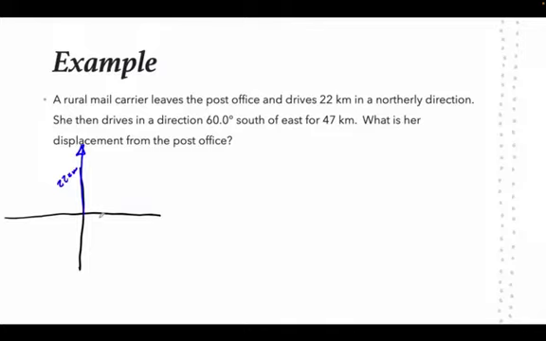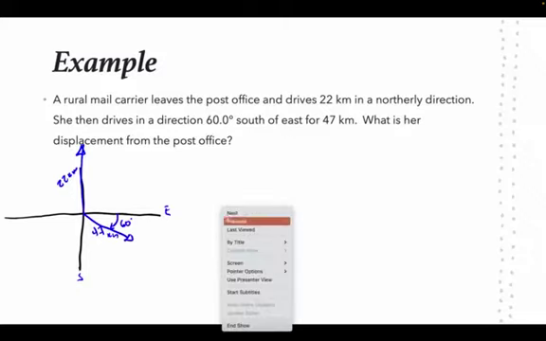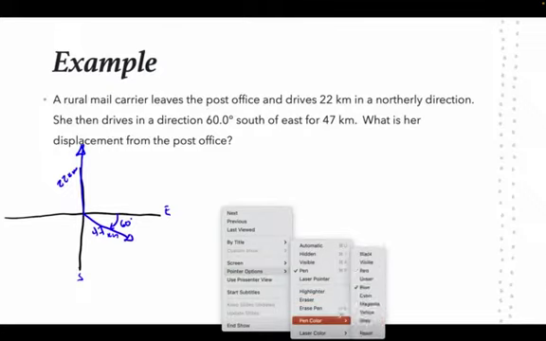And then the second vector is 47 kilometers in a direction south of east. So this is east, this is south, and south of east is in this direction. This would be my vector right here. This is 47 and this is 60 degrees. So how am I going to add this vector? I'm going to find the components for the 47 kilometer vector, because the 22 kilometer vector is already completely vertical.